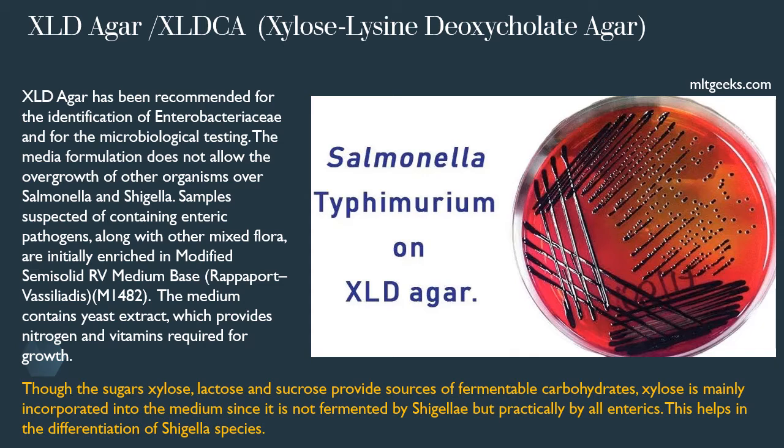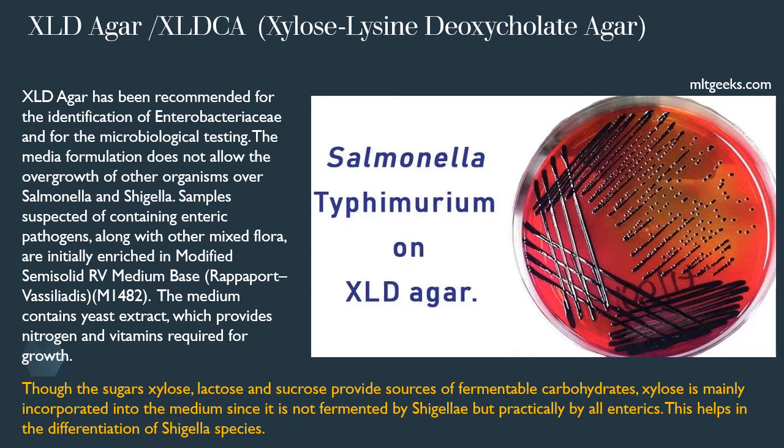In pharma industries, 1 ml or 2 ml of water sample is added to RV medium, and if it shows growth, turbidity and color change, then that medium is used further to streak, or to have an isolation on XLDCA. So RV medium is used initially for enrichment, and then XLD agar is used.